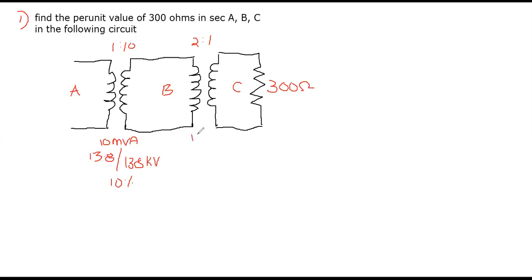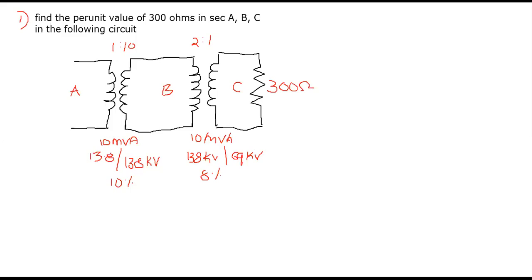Similarly, the rating of the second transformer is 10 MVA. As I already told you, whenever you connect two transformers in series, the secondary voltage of the first transformer should be connected to the primary of the second transformer. Obviously, the ratings of the two windings are equal, so this has been given as 69 kV, and the percentage is given. So with this, the problem has been completed.